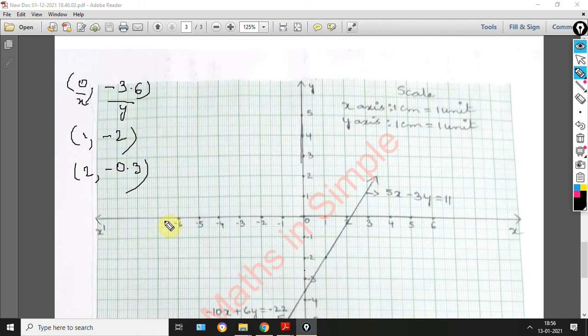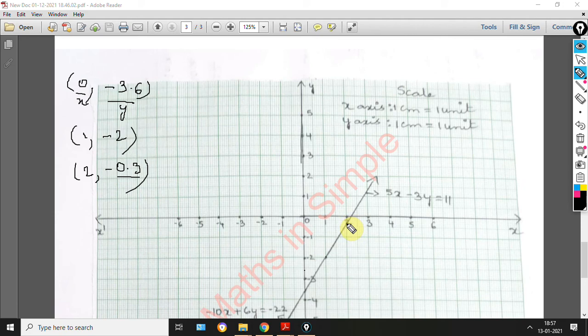Okay, so 2 is the x value on the x-axis, so from this position we have to see. From 2, minus 0.3 is the y value, and minus means y will be down. 0 is here only, so in this box we have to see: next will be 0.1, next 0.2, next 0.3.